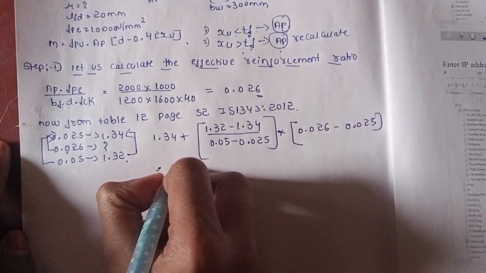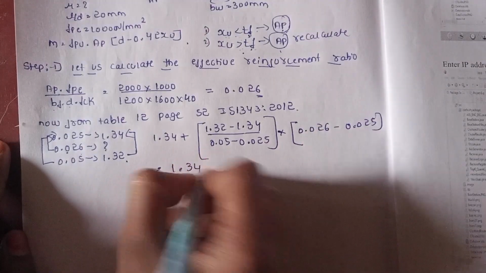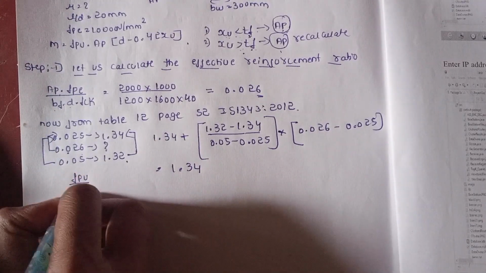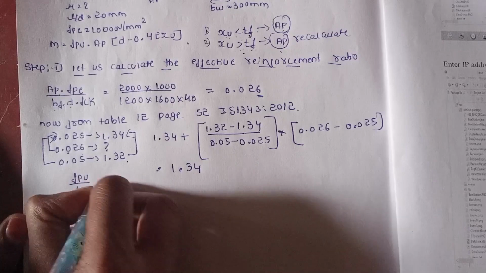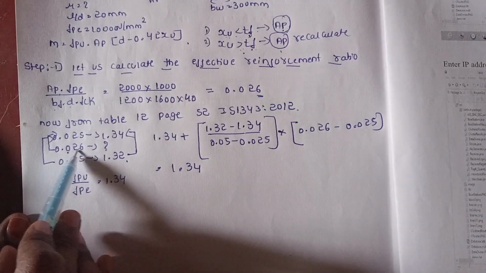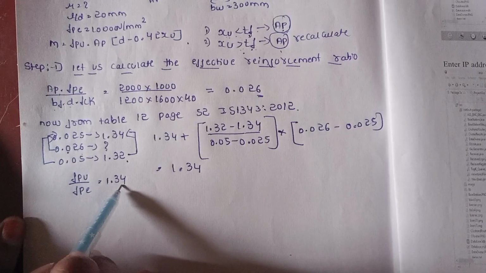Now we got the answer as 0.34, so FPU divided by FPE equal to 1.34. So the 0.026 corresponding value is 1.34.